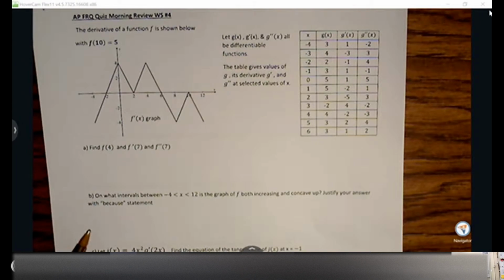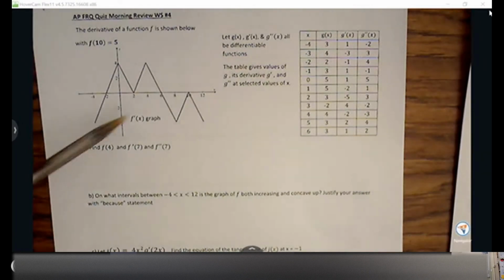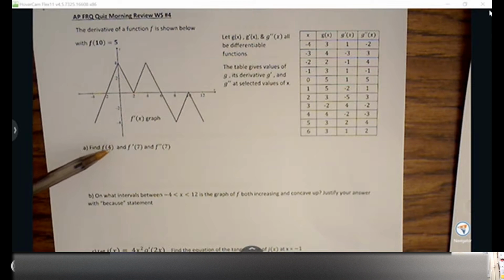Okay, so if we want to find f of 4, we have to involve the antiderivative in order to get from f prime to f of x, but it's asking for a specific position. So we have to involve the final position equals initial plus displacement.